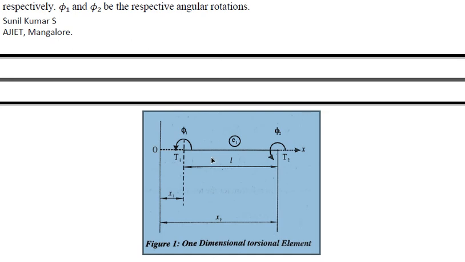That phi is called the global angular rotation. Phi 1 and phi 2 are called nodal angular rotations. That phi at any point is called the global angular rotation. If I have to find out that global angular rotation, then I have to use one function called shape function.